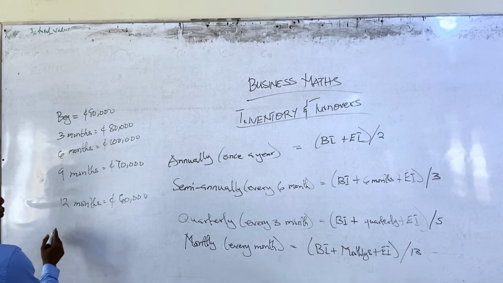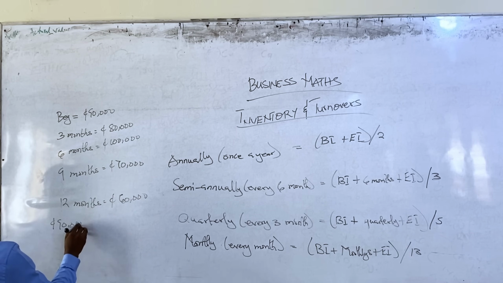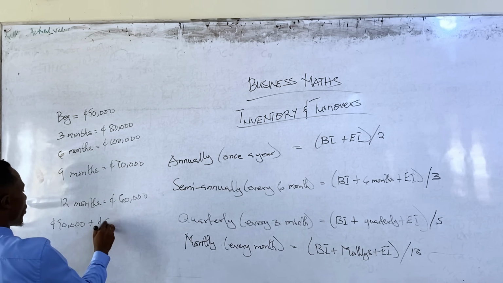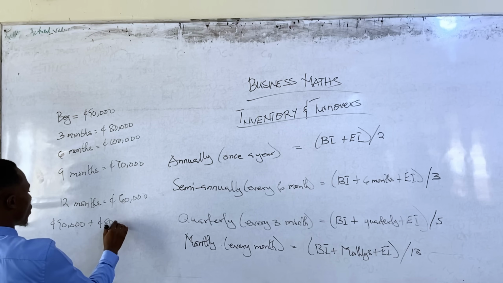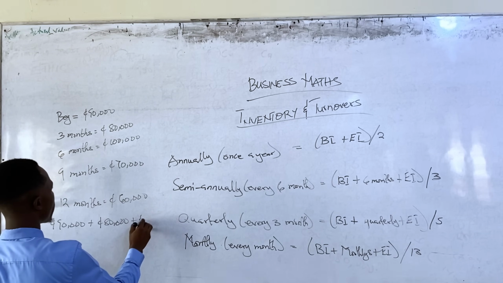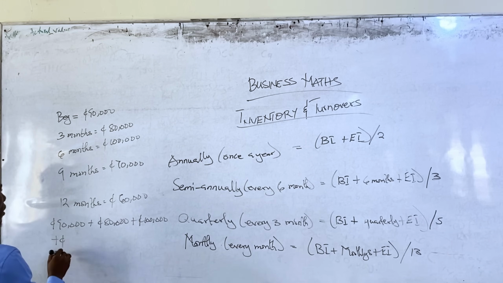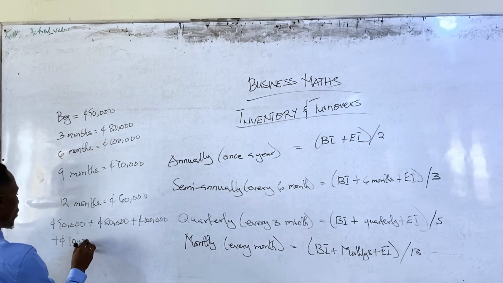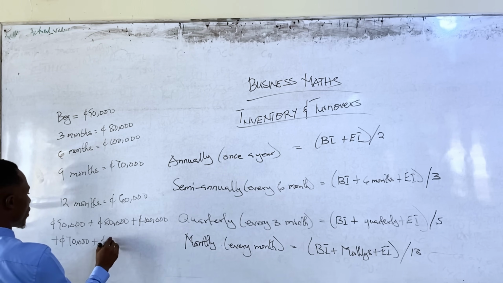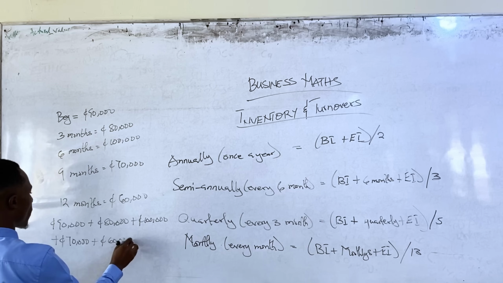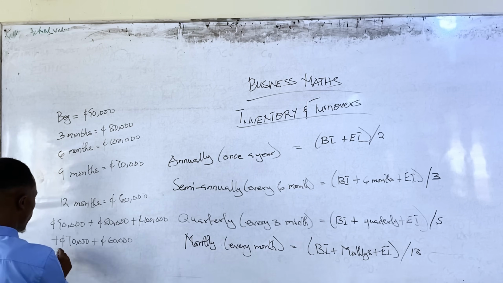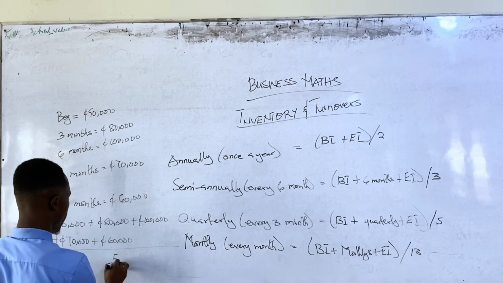So we have our items here. Now what we are going to do is add everything together. So our beginning inventory is giving us 90,000 plus the first 3 months 80,000 plus the next 3 months, which is 100,000 plus the next 3 months, which is 70,000 plus the next one, which is 60,000. Then we divide everything here by what? 5.